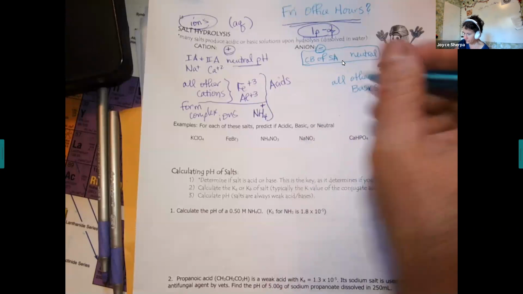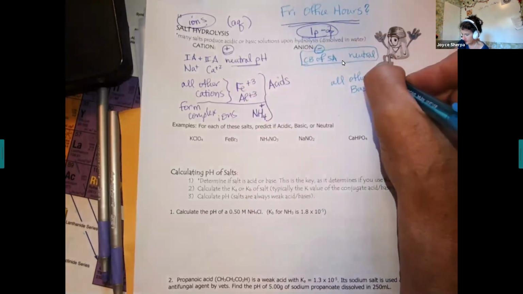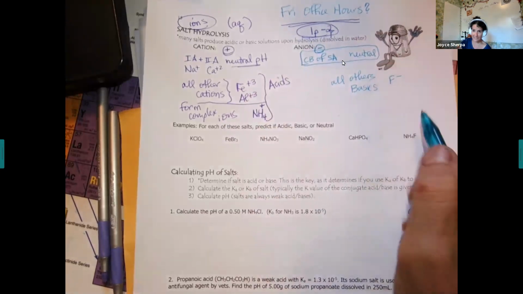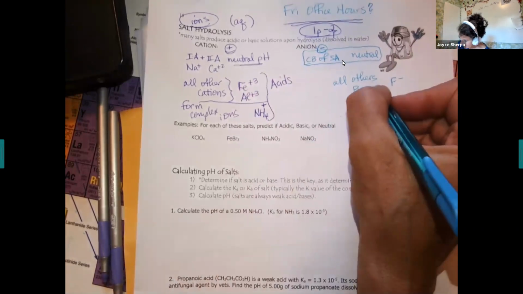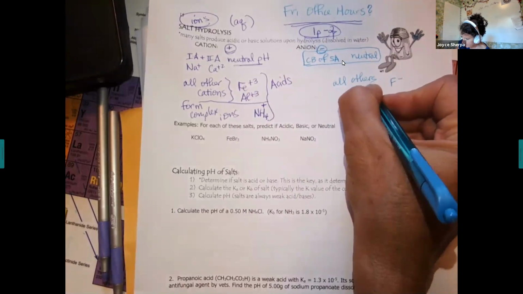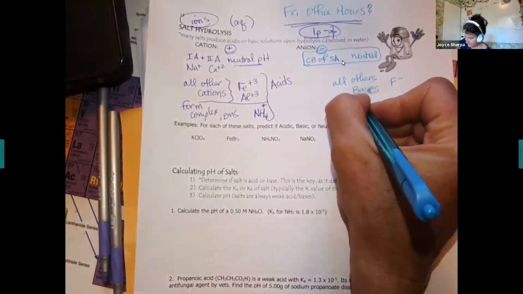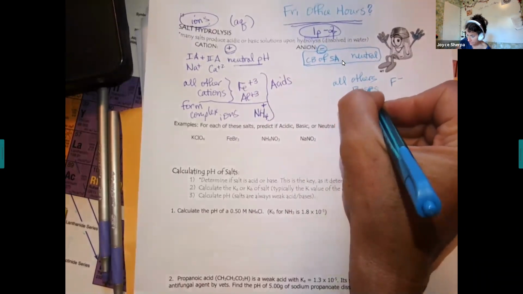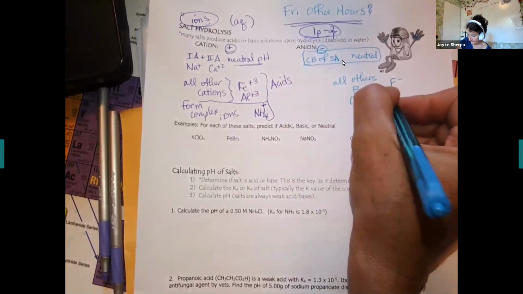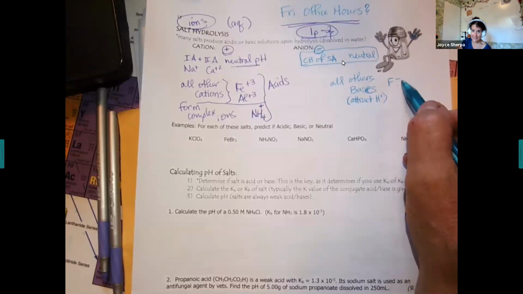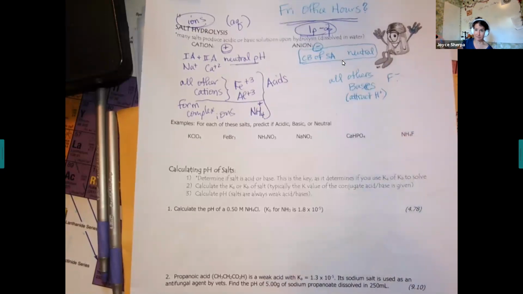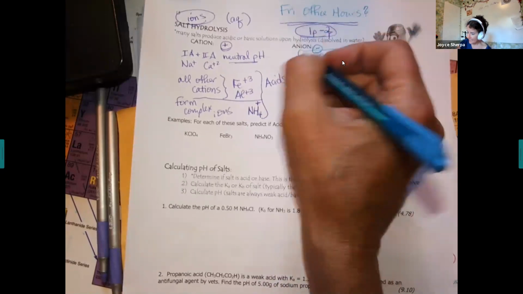Most ions, if we think of F negative, has a negative charge, so it can absolutely attract hydrogen. Bases accept hydrogens, and that negative charge we think of as attracting it. So fluoride is a base. It's going to attract a hydrogen.